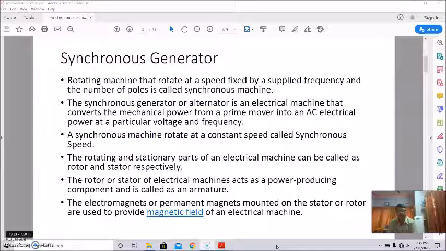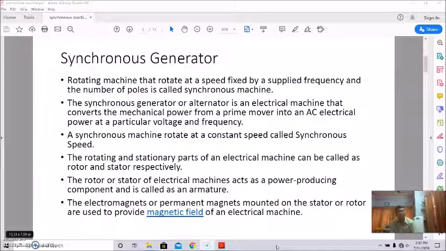And not only that, synchronous machines can also be used as a synchronous motor. The only basic difference is what the inputs are and what output we desire. So it is the same machine, and depending on the input and output, it can be operated as a generator or a motor.